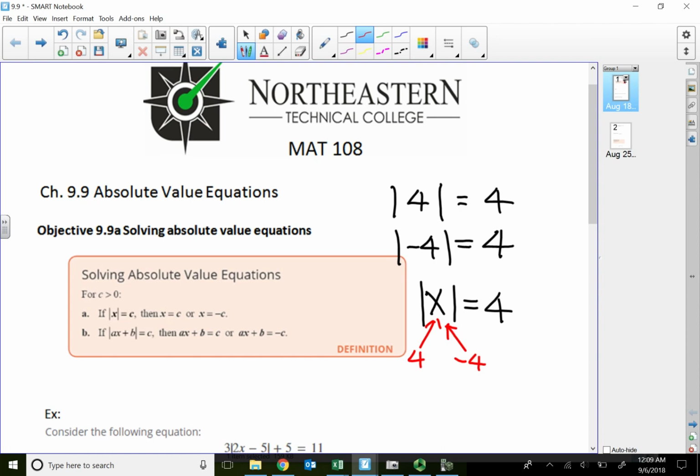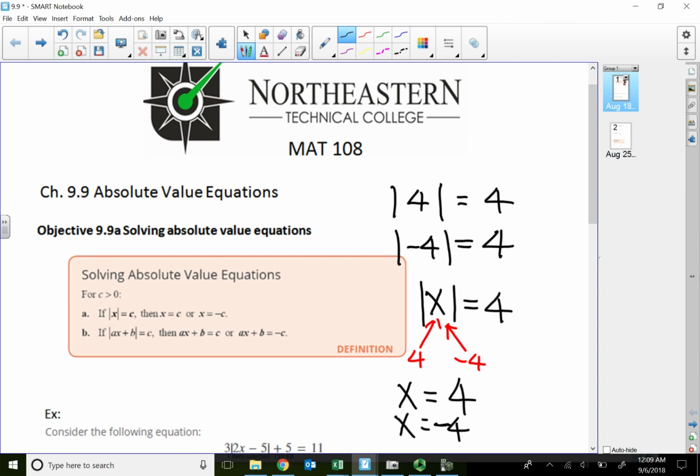So when we set up equations using absolute value, if this c is greater than 0, whatever's on the other side of the equal sign of the absolute value always has to be positive. If absolute value of x is equal to c, then x is equal to c, or x is equal to negative c. So once I strip away the absolute value, that x we can set equal to a positive 4, or we can set equal to a negative 4.